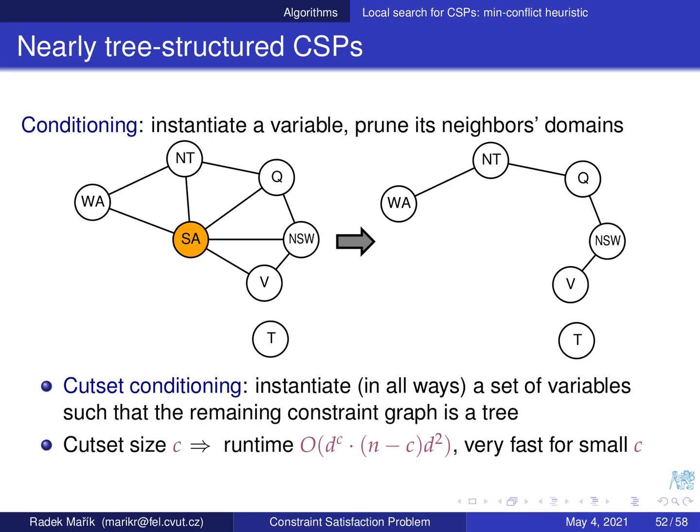Well, what we can do is select a variable, such as A here, and assign a given value. Based on this value, we can propagate this constraint to the rest of the nodes. And then basically we can drop the node.